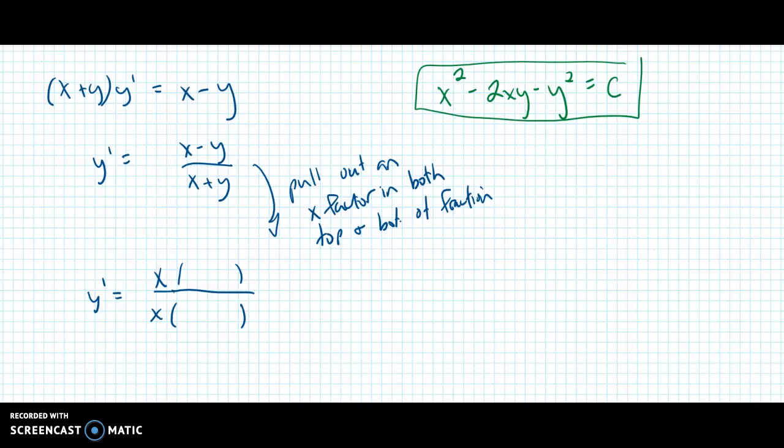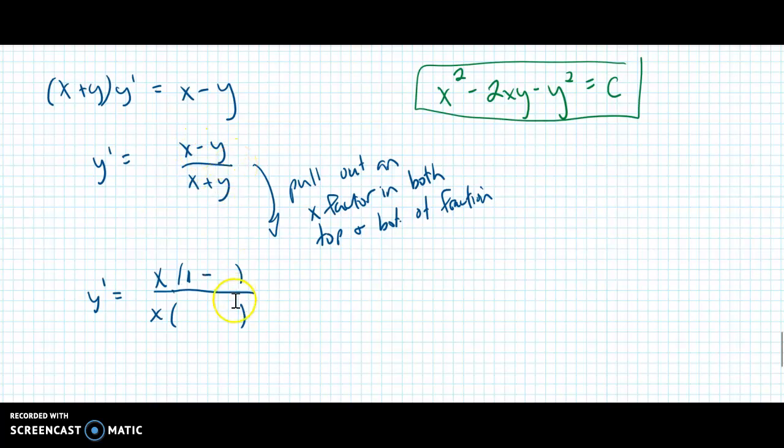Now, if we were to do a whole bunch of these as board work in class, you would get really used to this technique. But this is the last of these problems we're going to do. So as I do this, what you need to say is, what do I need to put here in order to make this top line exactly the same as that? Well, I definitely need a 1 because that would give me this.